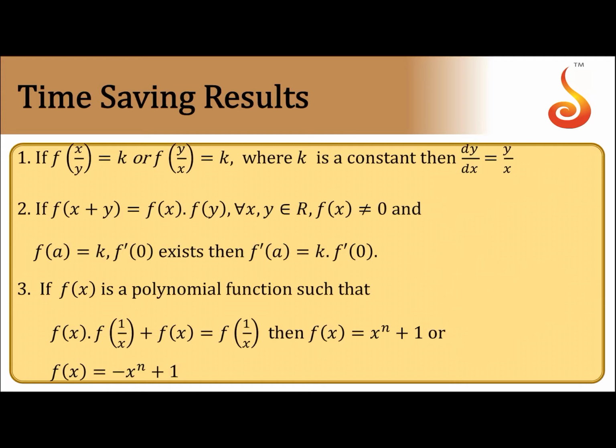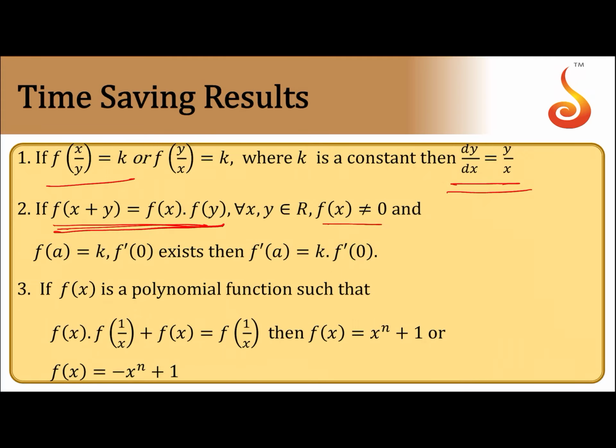Okay, there are certain results which save our time. If f of x by y equals a constant, then dy by dx equals y by x, which is a homogeneous function. And f of x plus y equals f of x into f of y.